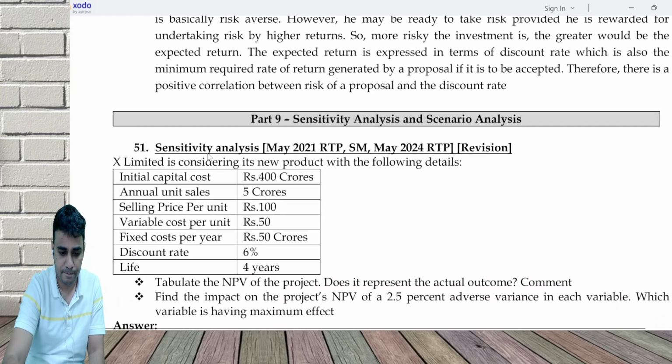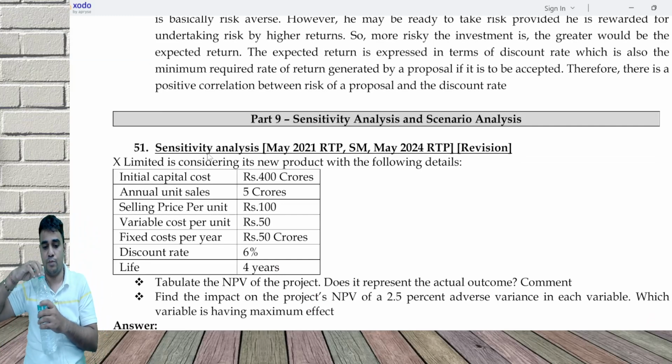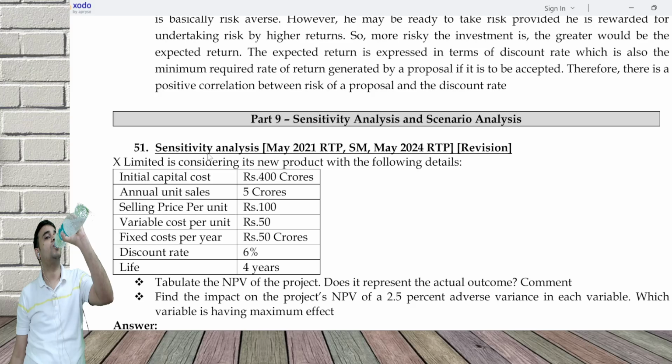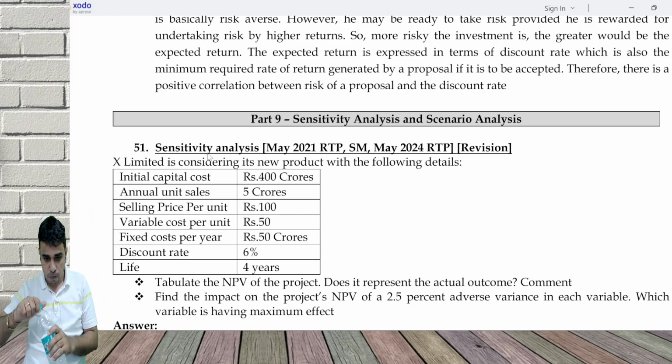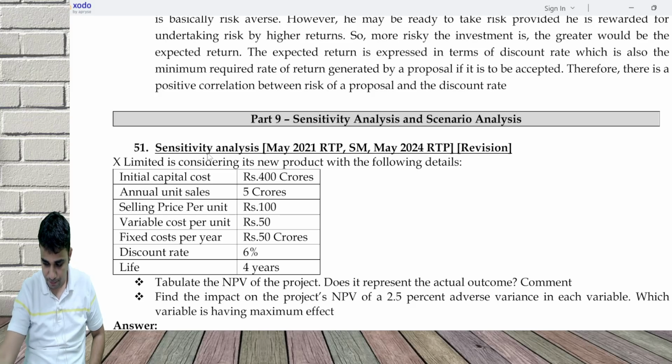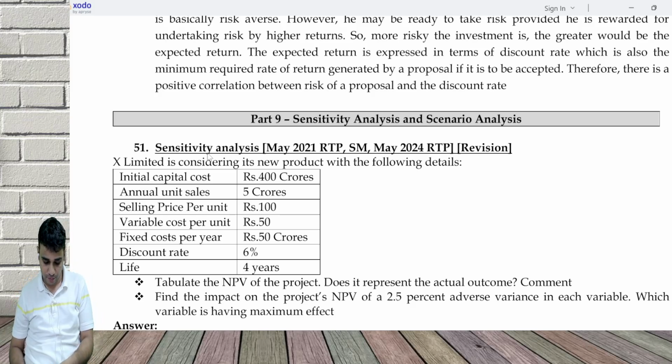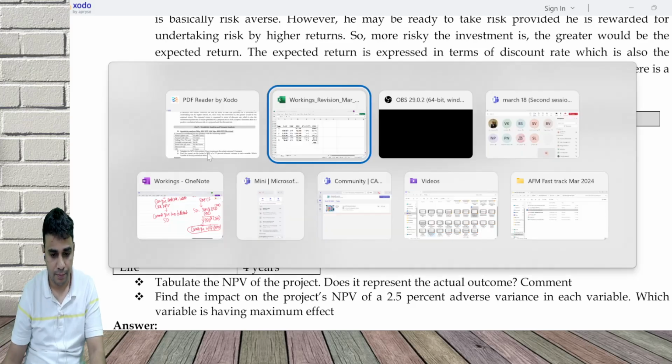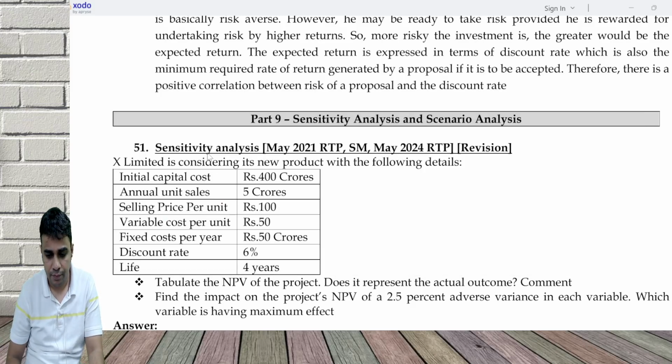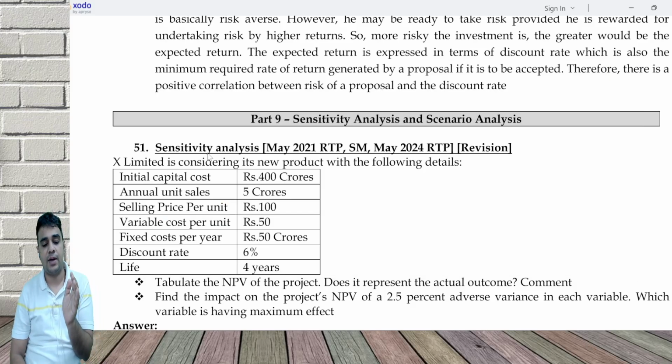Go through 51. Okay, they've asked us to calculate the NPV.